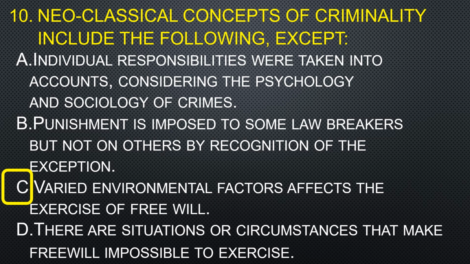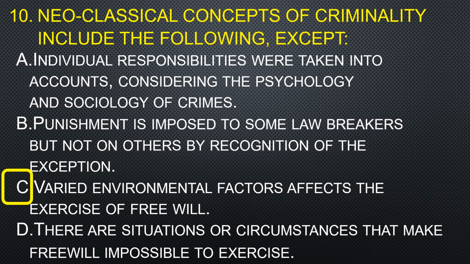So A, B, C, D, all of the answers are correct, but we have to choose the best answer, okay? The best answer would be letter C, that in the neoclassical school, varied environmental factors affect the exercise of free will. So they are not talking about environmental factors actually.